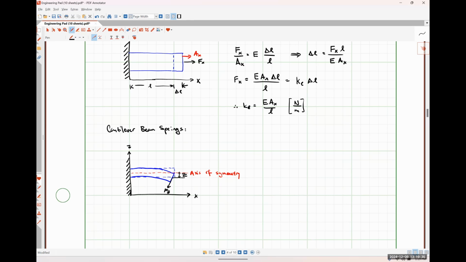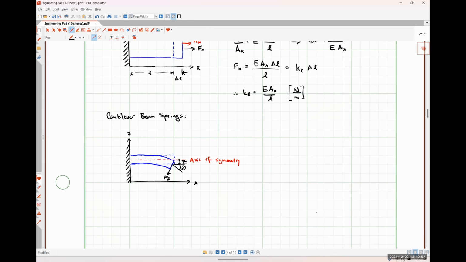Are we all okay with that level of understanding? And then we're also going to have some angle, theta, telling us the angle of deflection of the tip of our beam.